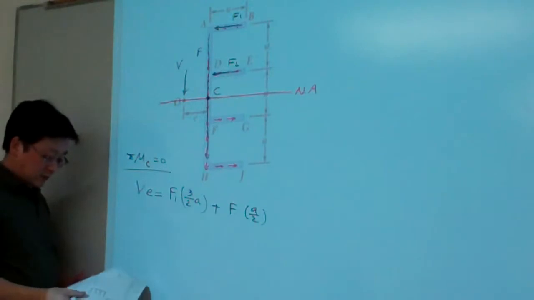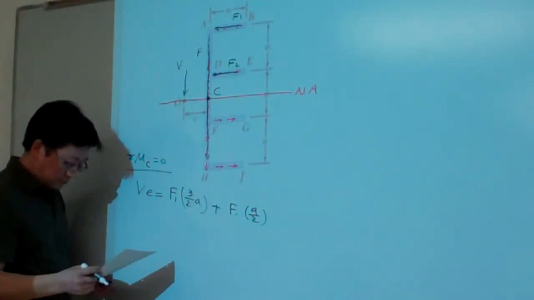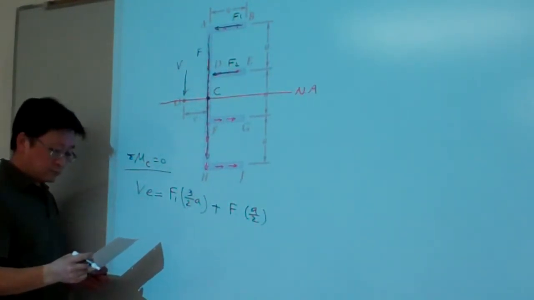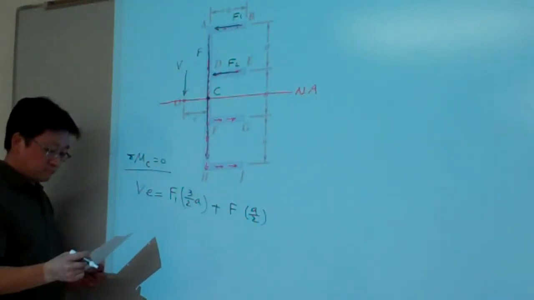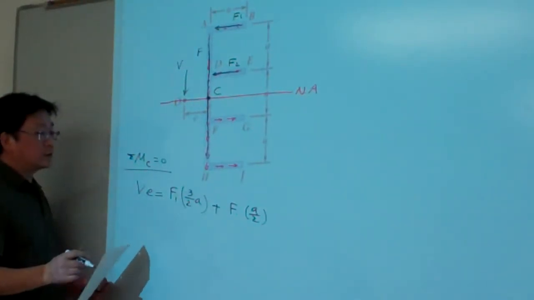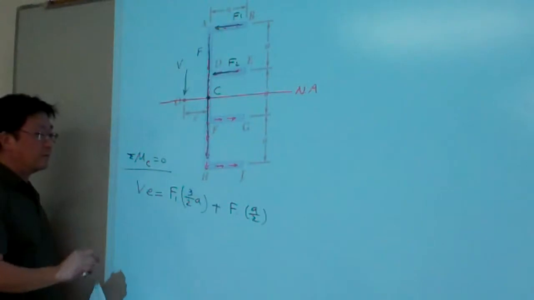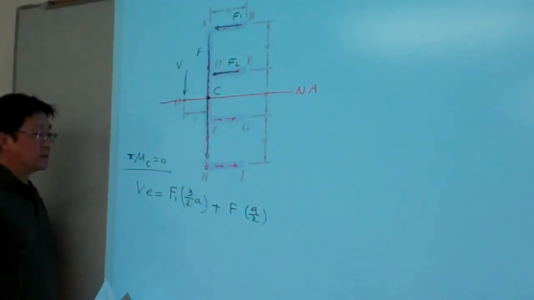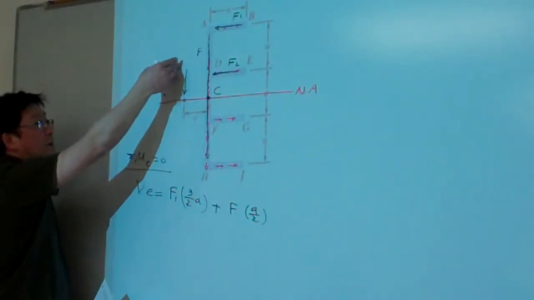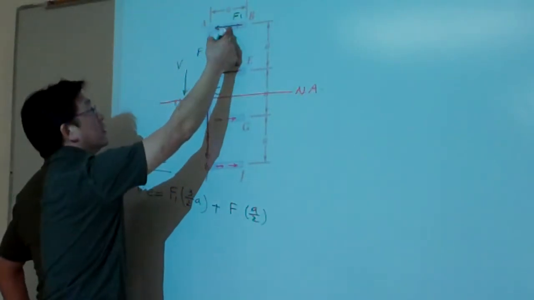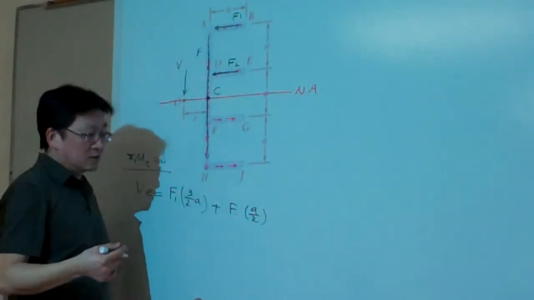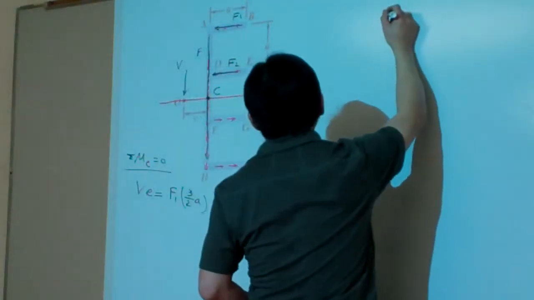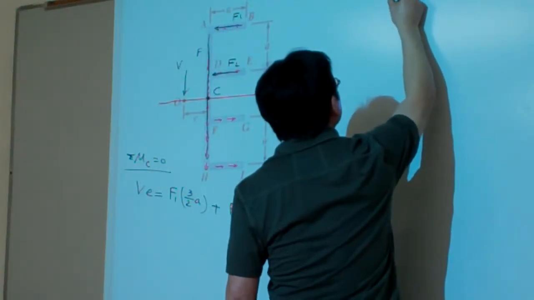So that is the strategy here. We stick with this, then we figure out the contents. Here we are given V, and F1 is the integration of the shear stress. So we split into two pieces.